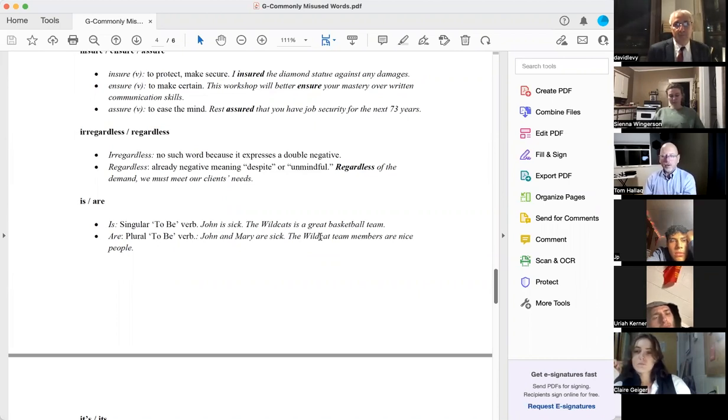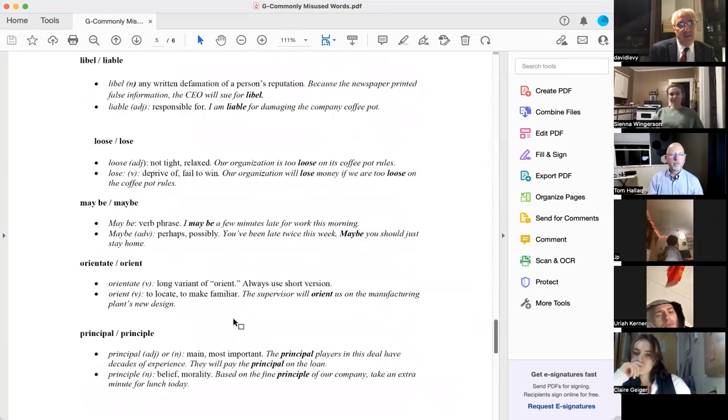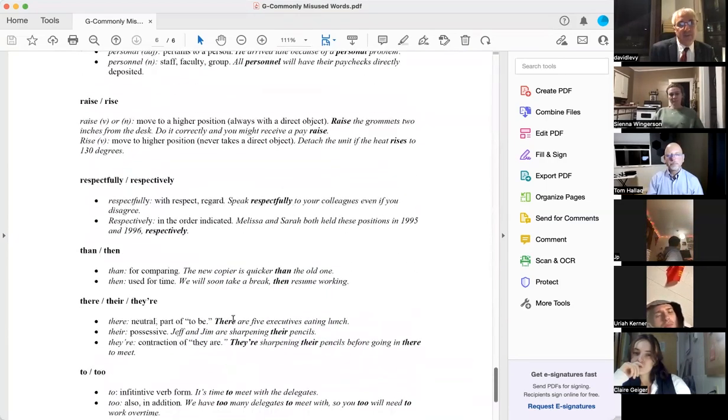So then the modifier cannot have an S, so it has to be are. But every example that you have here is an exception to that rule. And so your point there of being really careful about what you're writing and proofreading out loud is a really good one, I think.